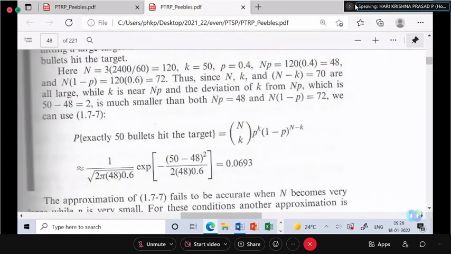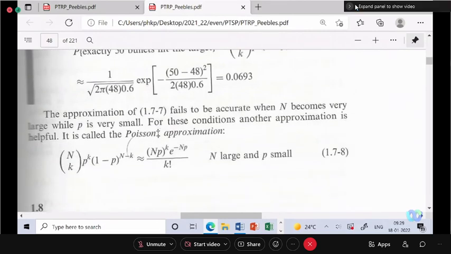So np is 48, 1 minus p is 1 minus 0.4. That is how we get the expression. Is it okay? While putting down the answer also, we will show the approximate equality sign over here. Then equal to for the final answer just before that.